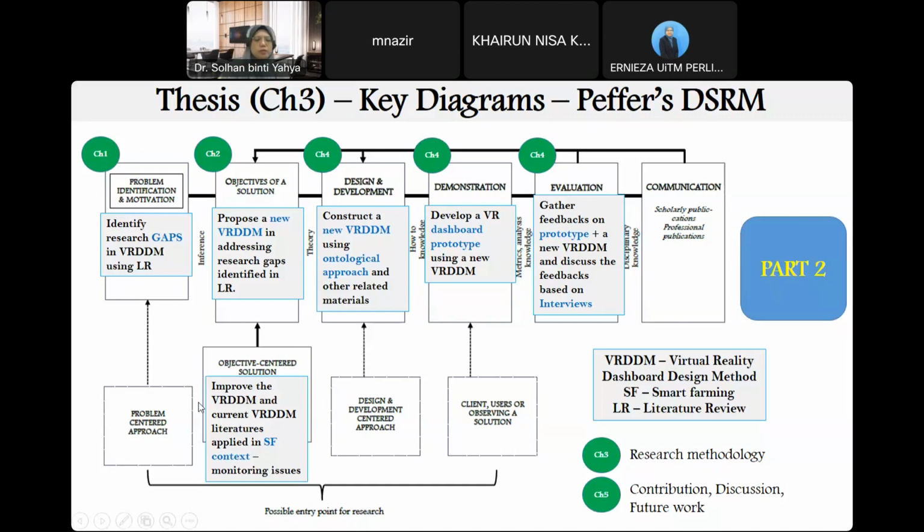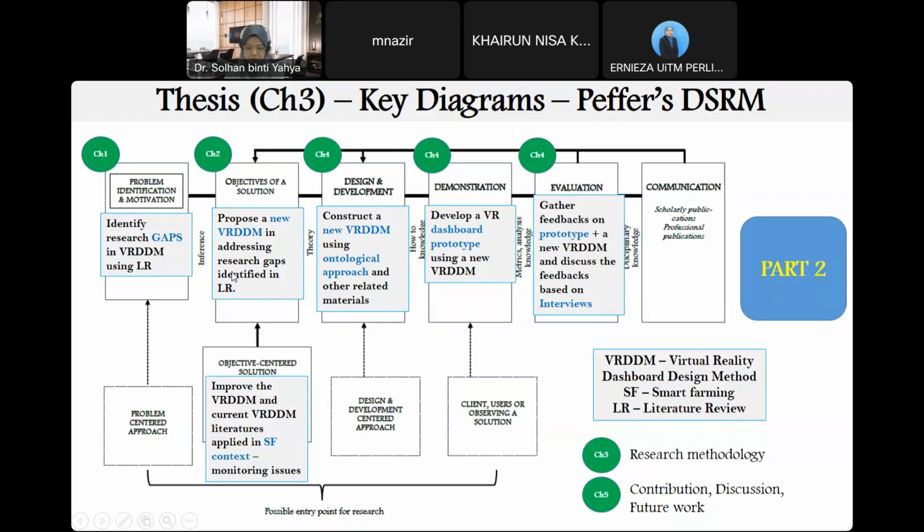And then this slide is based on an example of my student who did a PhD on virtual reality dashboard design method, all right? They proposed a new virtual reality dashboard design method, addressing a research gap identified in the literature review.